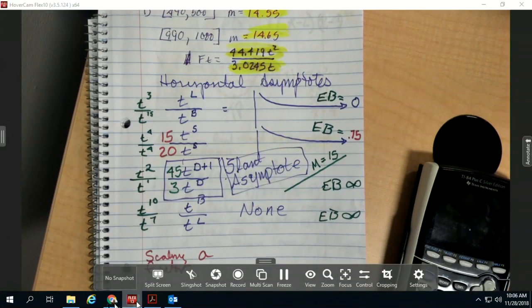If you didn't, make sure you take a picture of the screen so that you get it into your notes. So which case is this? Numerator is smaller than the denominator. First one, right? Which means the end behavior is 0.